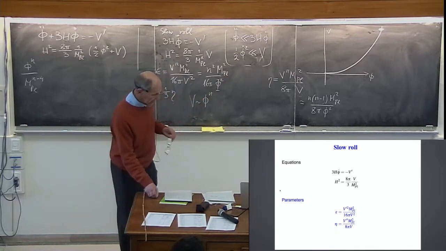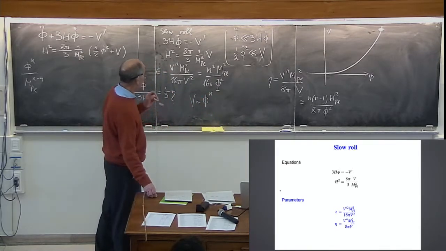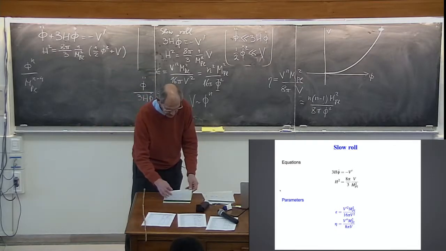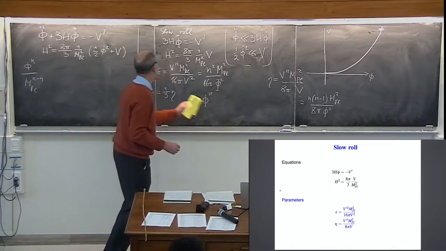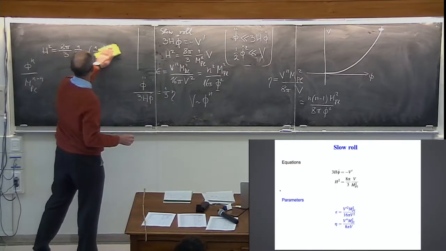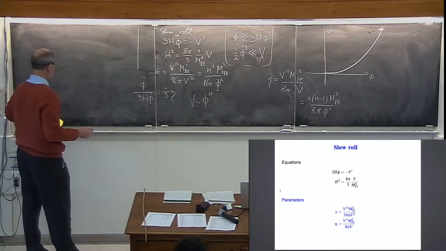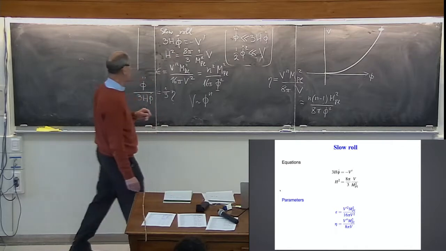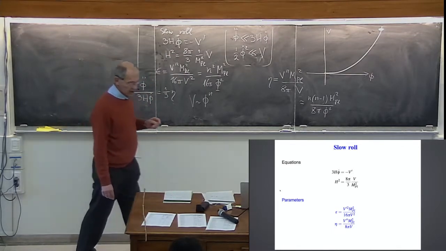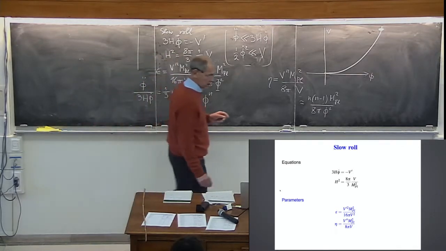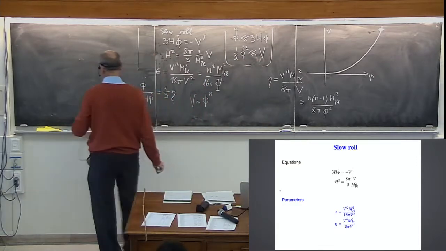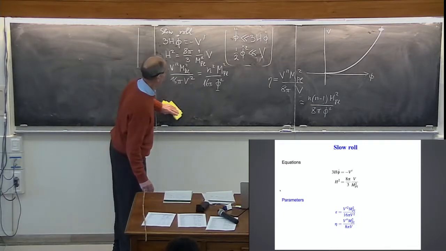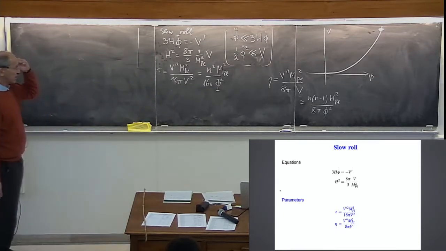Right, now what turns out to be important, let me give you the result of this simple calculation. What turns out to be important are the values of these parameters, eta and epsilon, at the time when our universe, our visible universe, exits the horizon at inflation.